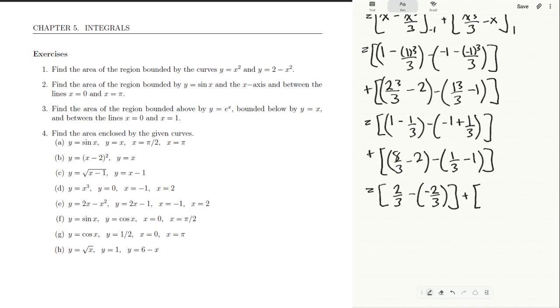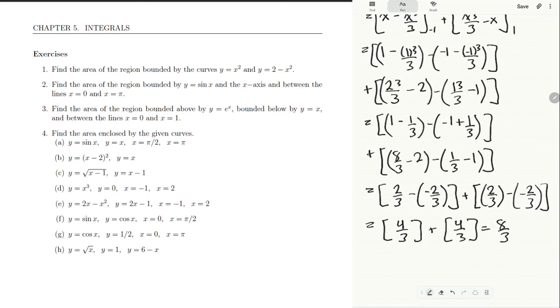So that's 8/3 minus 6/3, which simplifies to 2/3 minus negative 2/3. And this will give us 4/3 plus 4/3, which gives us 8/3.